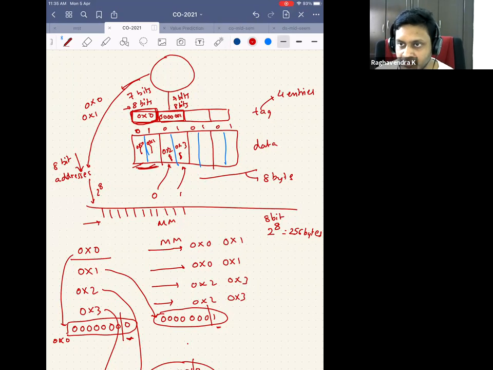When you ask malloc to allocate 2 bytes, of course malloc doesn't have any access to the CPU, so it will go to the operating system, and the operating system will give a huge chunk of data to malloc, and malloc will internally manage this huge chunk.